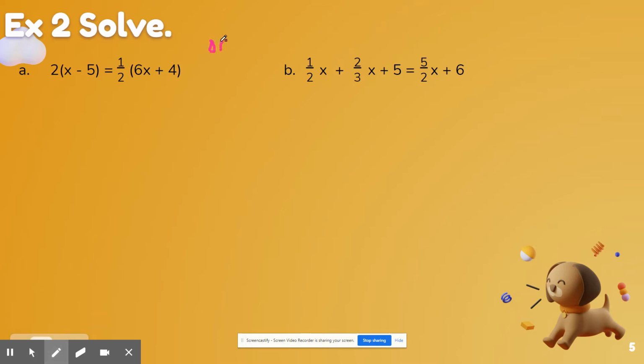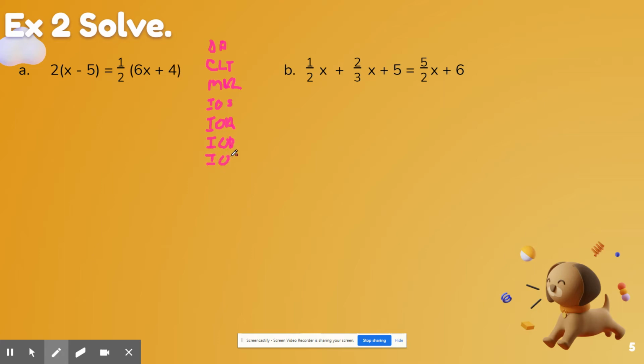Distributive property, collecting like terms, move the variable to the left, and then inverse of subtraction, inverse of addition, inverse of division, inverse of multiplication.